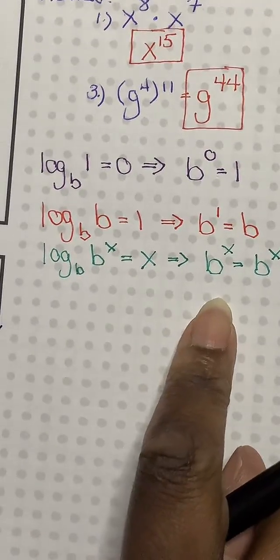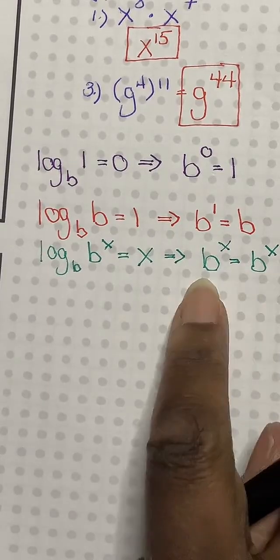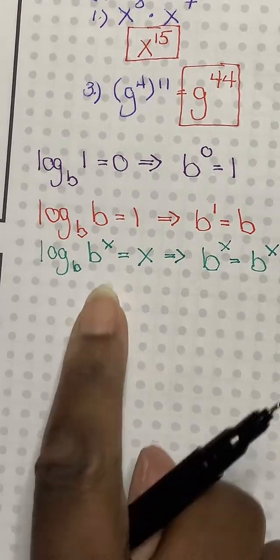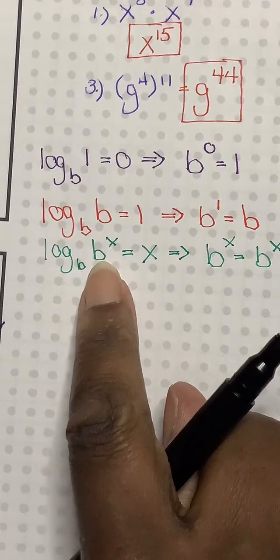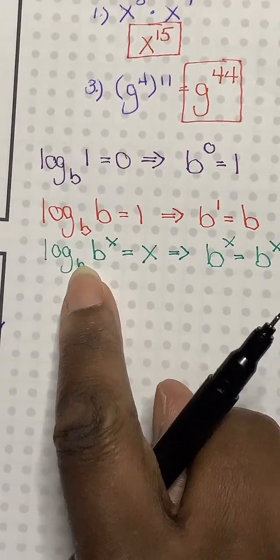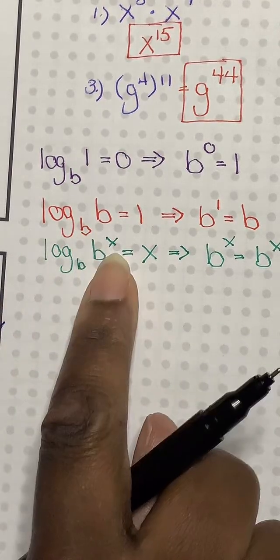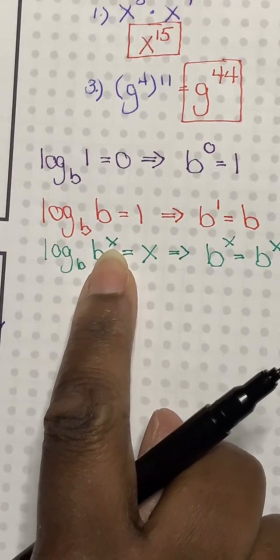Okay, so when we have the exact same notion, they're going to be equal to each other. So basically, this is a base, this is a base. And if the bases are exactly the same, they're going to basically cancel out. And then what's left over? What's left over is going to be your x.